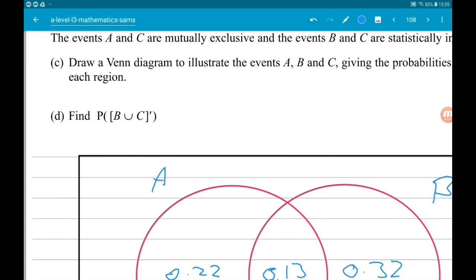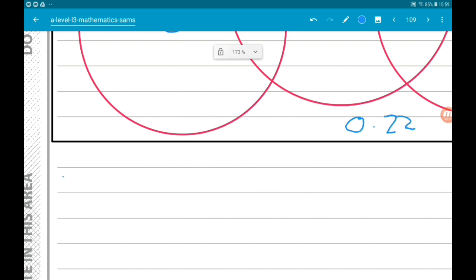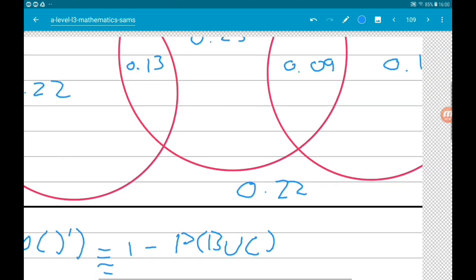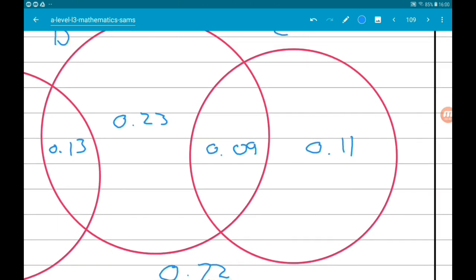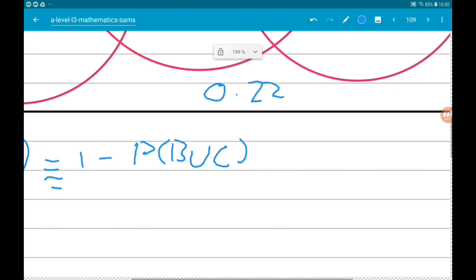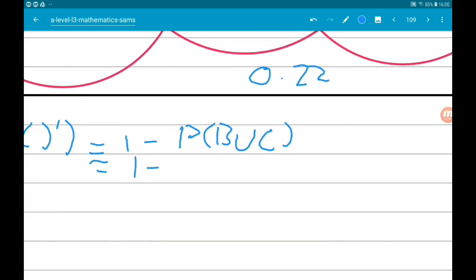So that means one minus the probability of B union C. So that is, B union C is 0.45, add 0.11 to 0.56. So this is 1 minus 0.56, which is 0.44.